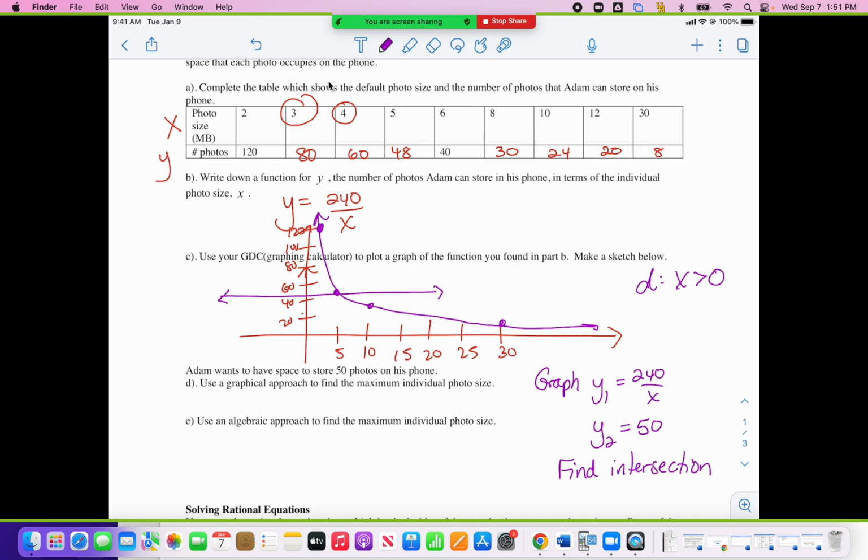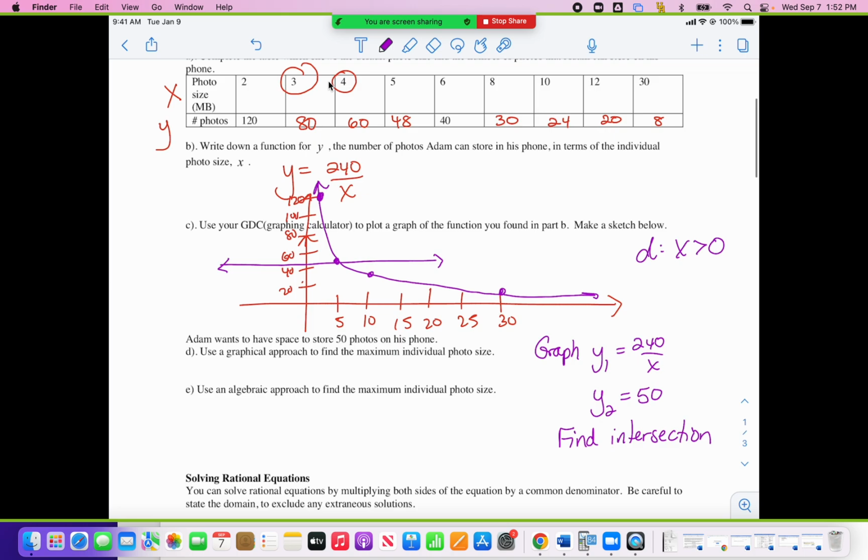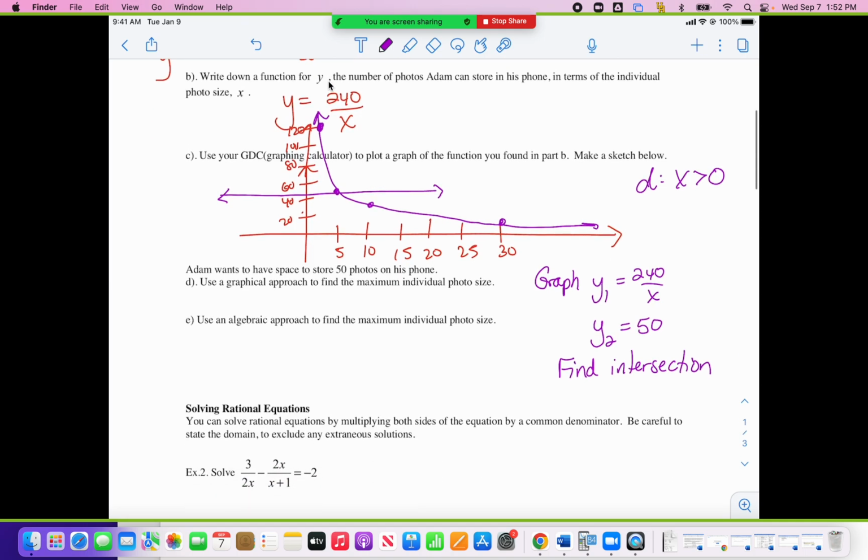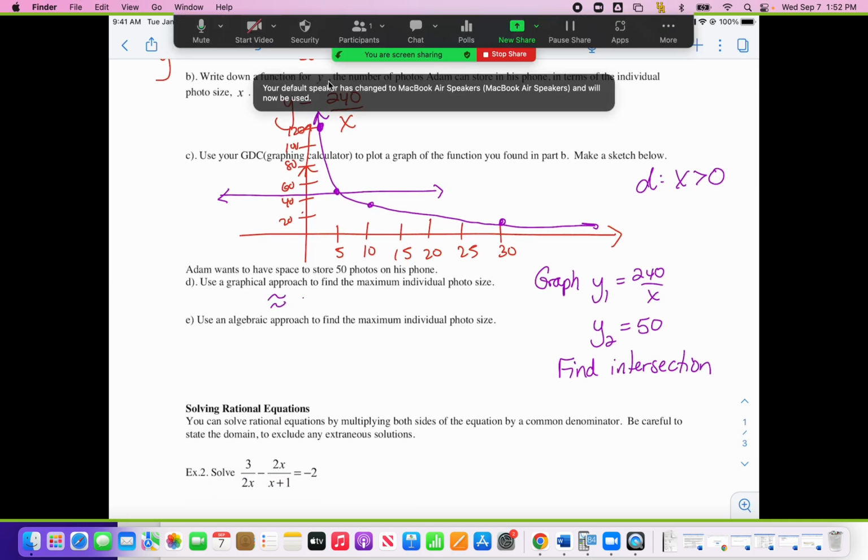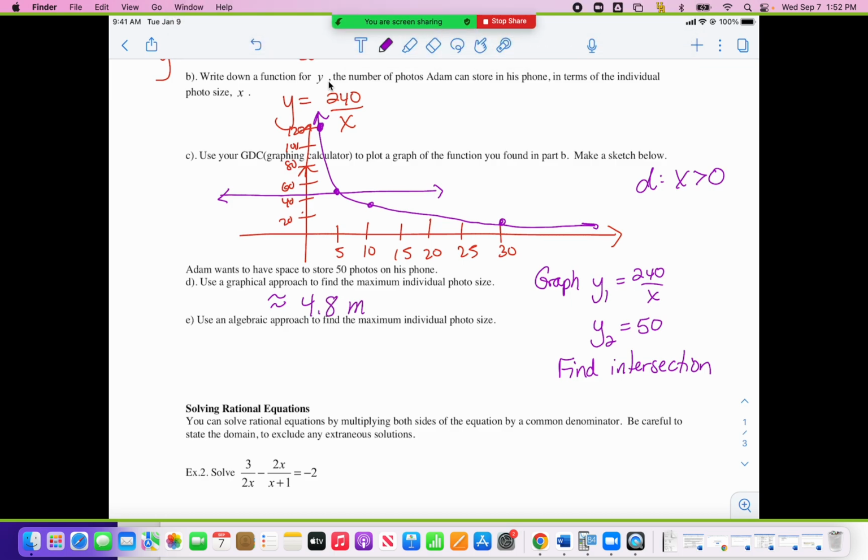If you have your graphing calculators, graph y equals 240 divided by x, and then y equals 50 on the same grid, and then you can press menu, calc, and something about intersection there. I got about 4.8 megabytes.